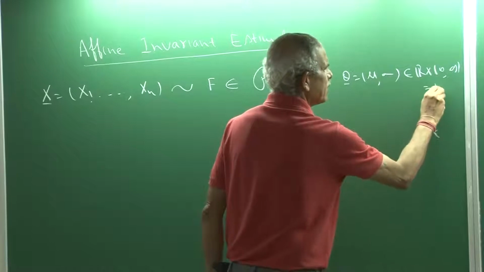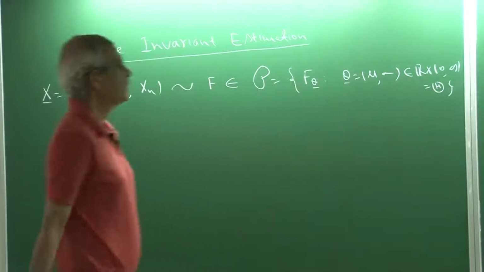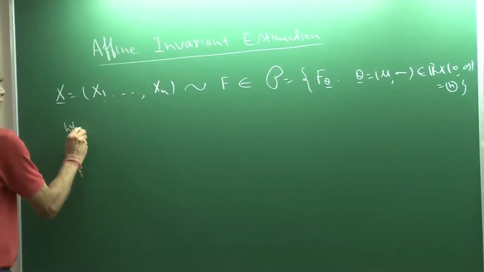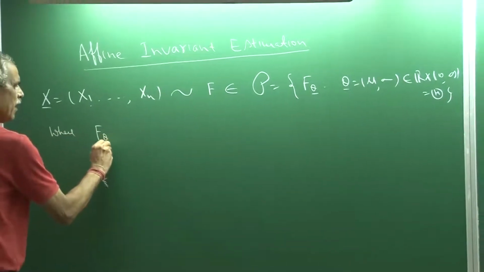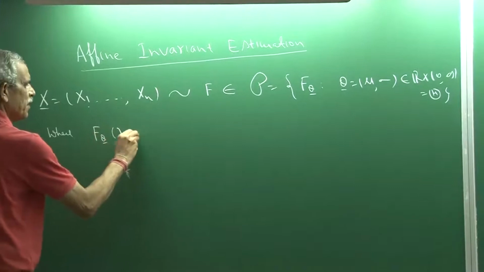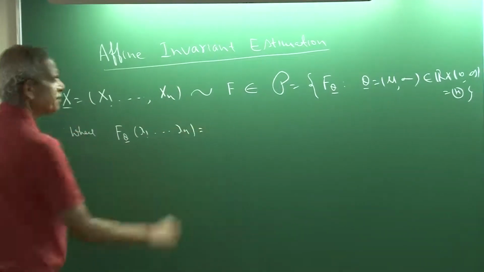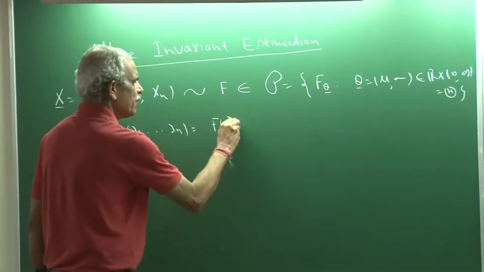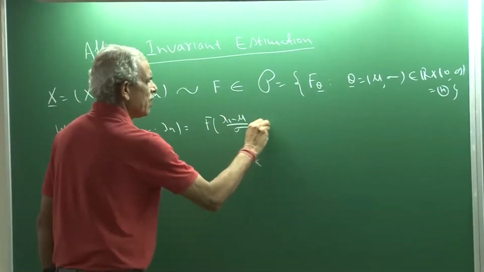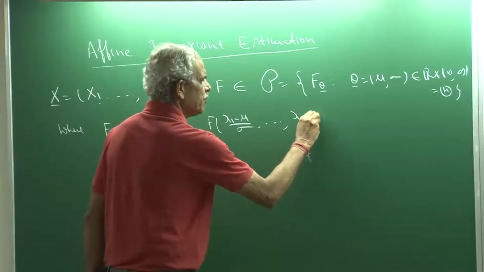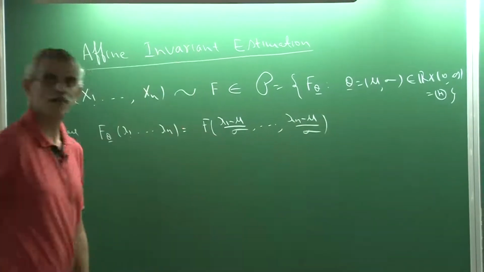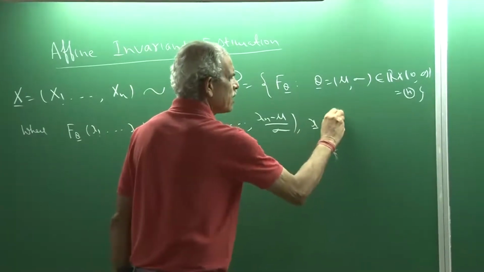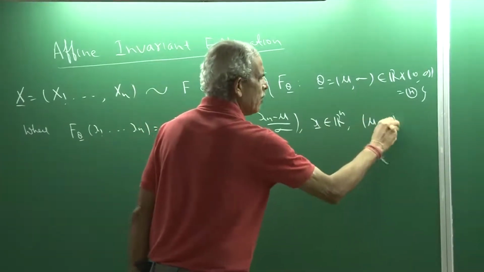Let me call this theta, where F theta of x1, x2, ..., xn is the same as F of (x1 minus mu)/sigma, ..., (xn minus mu)/sigma, for every x belonging to R^n and (mu, sigma) belonging to capital Theta.